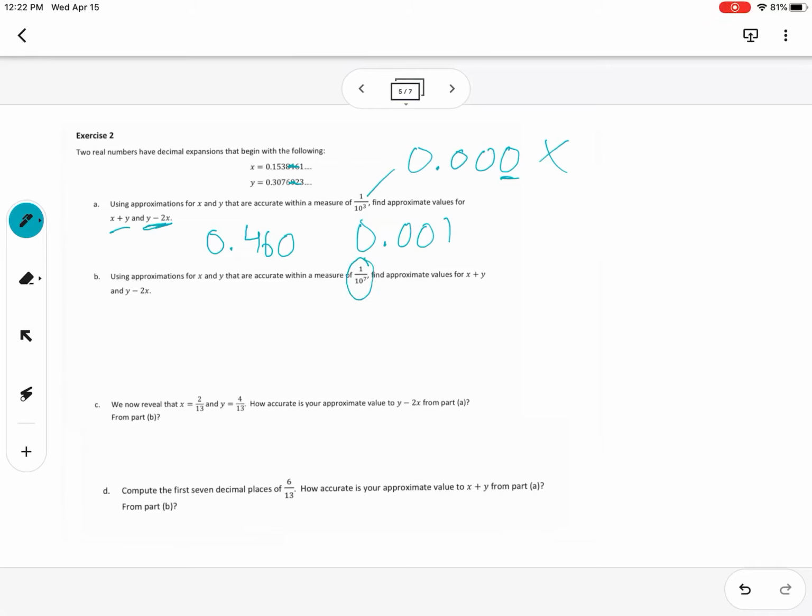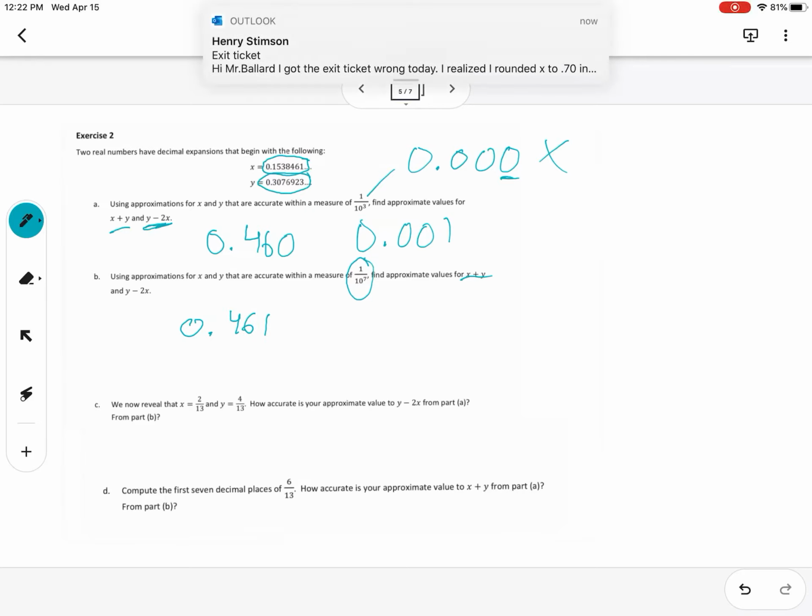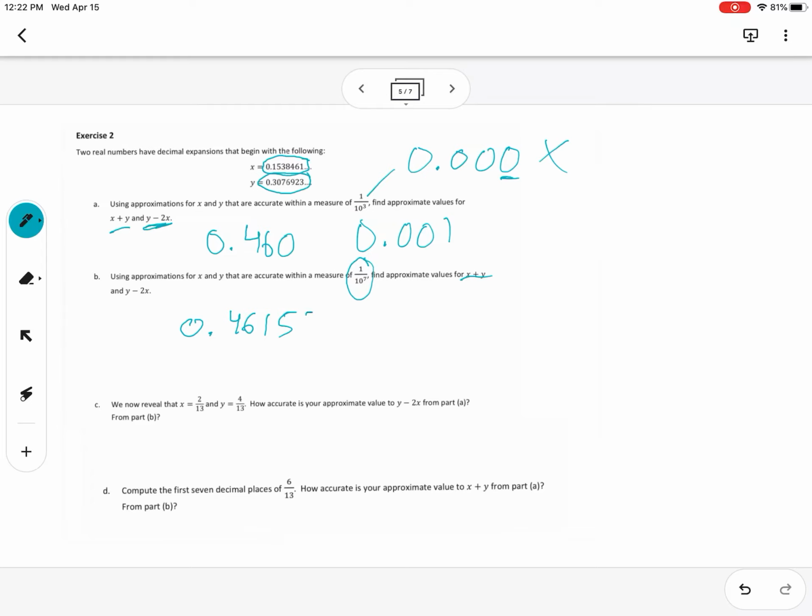All right, for part B, now instead of going to 10 to the third, it's 1 over 10 to the 7th. Let me see where the cutoff would be: 1, 2, 3, 4, 5, 6, 7. So it's actually using all the digits that they gave us for both of them. There was nothing to cut off, so you were using all of those. When you added those together, you should have gotten 0.4615384.